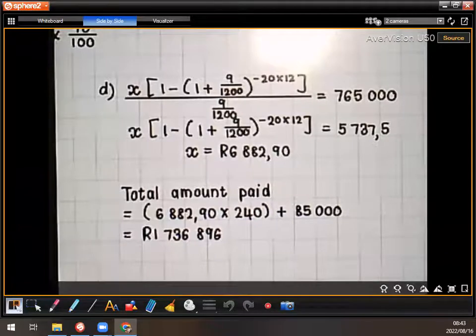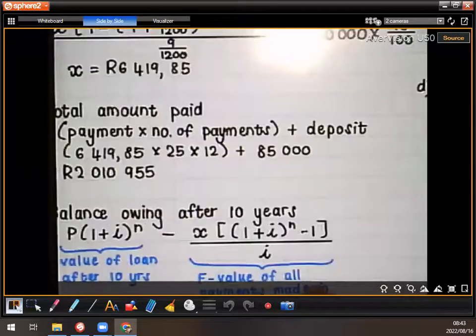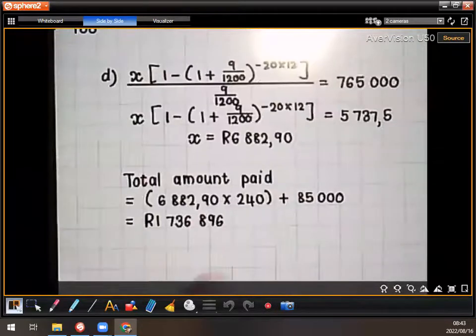Are there any questions on that, guys? So that's quite a big difference, hey, in total amount repaid. What was the other one? Was it like 2 million? Yeah, no, 1.7.